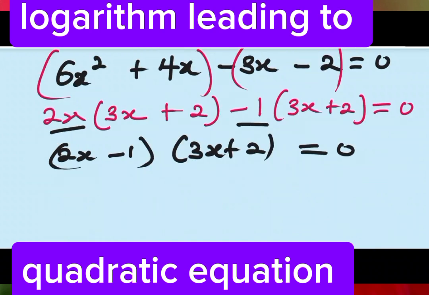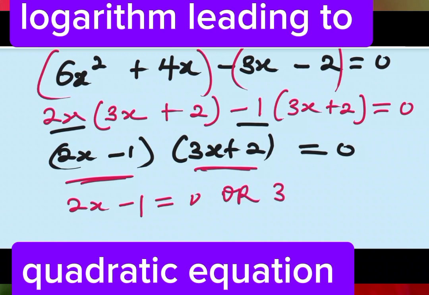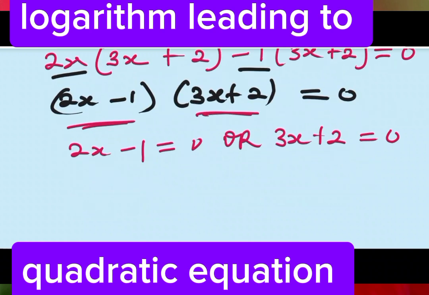If this into this equals 0, meaning that either this is 0 or this is 0. Yes, that is 2x minus 1 equals 0, or 3x plus 2 equals 0. Very good.